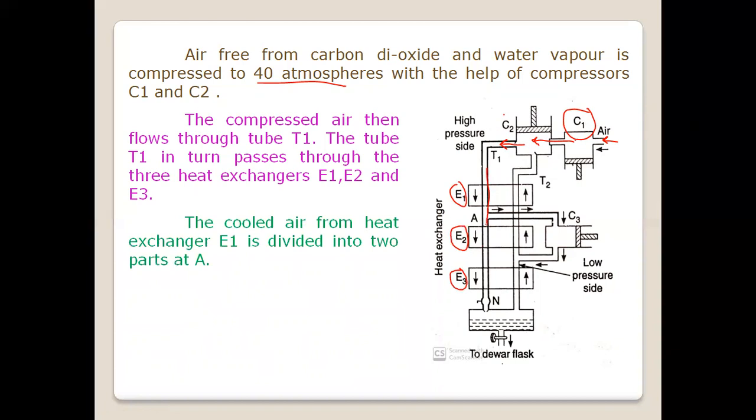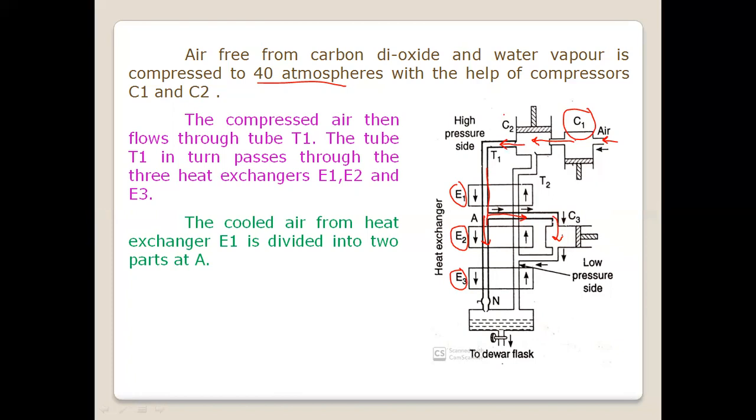The cool air from heat exchanger E1 is divided into two parts at point A. Some of the air continues through tube T1 in the same direction and enters heat exchanger E2. The second part moves to the right side through this tube and enters C3.